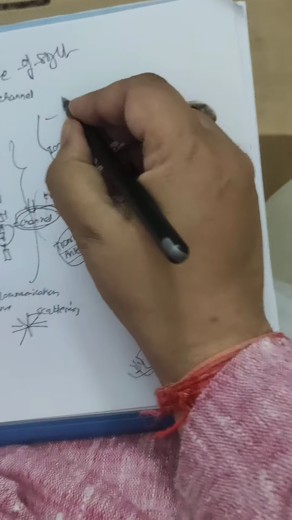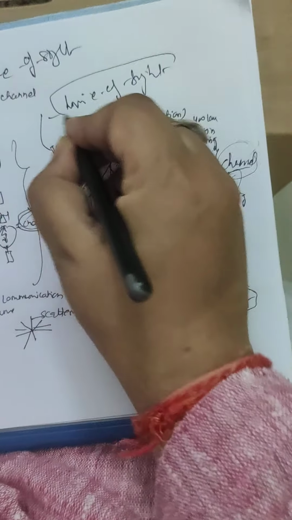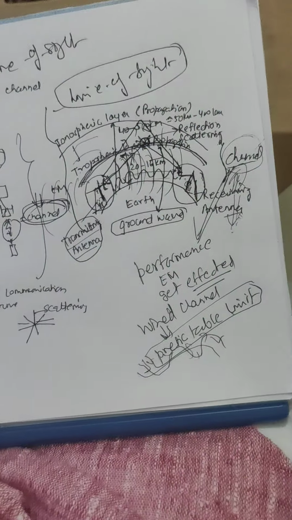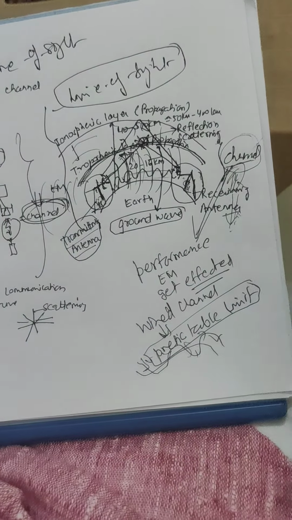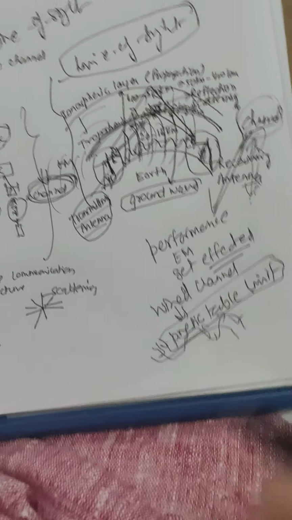The line of sight commonly differs when the propagation of electromagnetic waves starts in the mobile radio system.